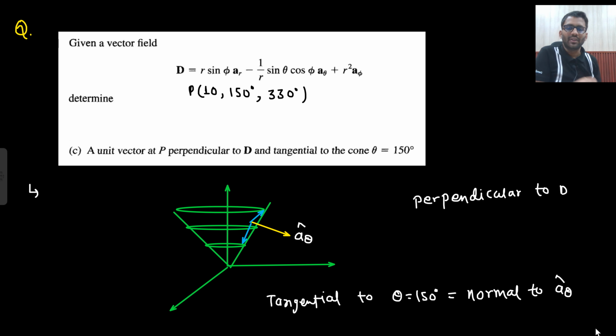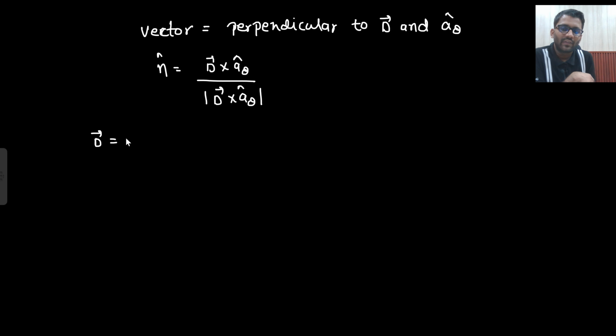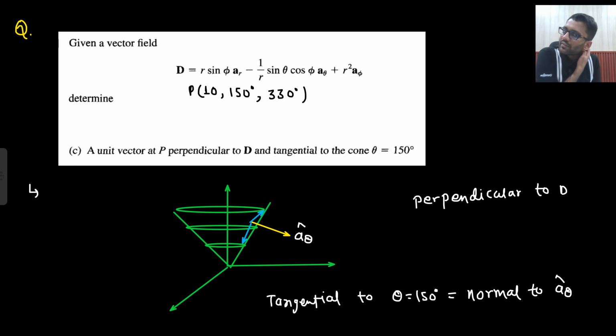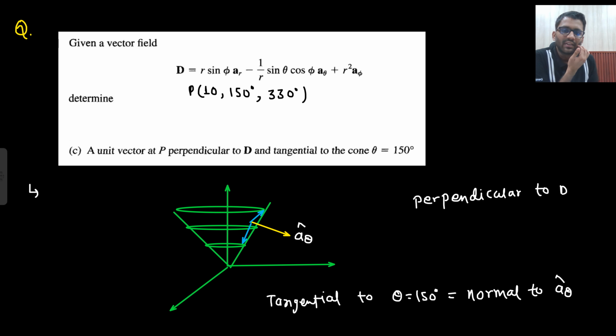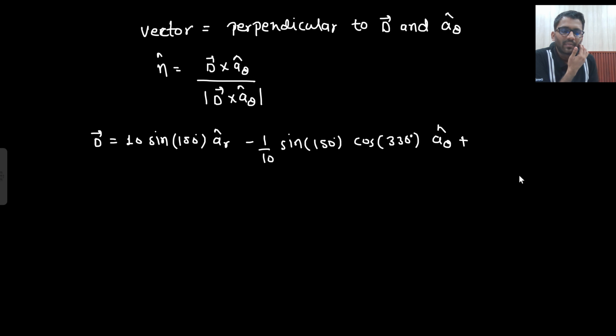So D at point P would be tan sine 150 degree a r cap, minus 1 by tan sine 150 cos 330, plus r square a phi, that means 100 a phi cap. Let me see what answer we are going to get.